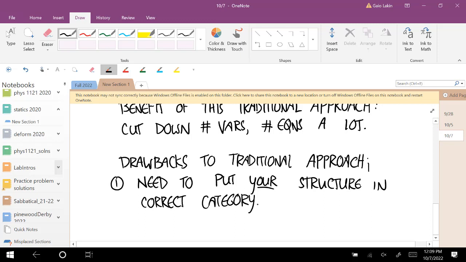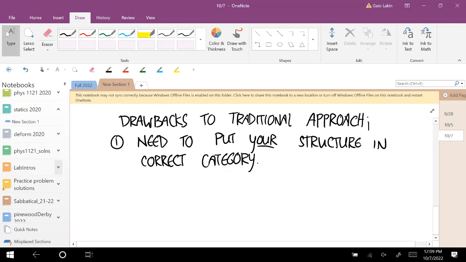If you treat something as a truss that's not a truss, then things go haywire. Your answers don't make any sense. Second, after you do the classification, there's two totally different approaches for how to solve these things. So you need to remember two different approaches.